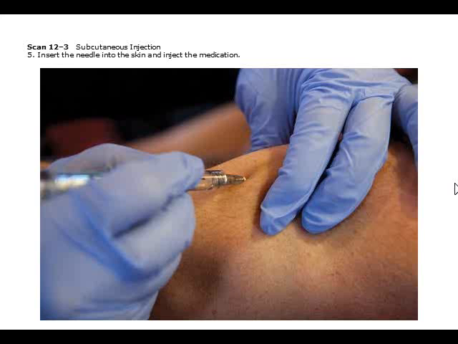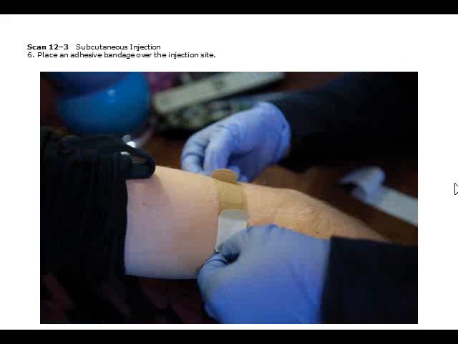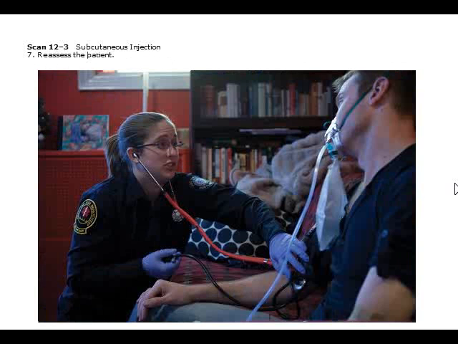Instead of making this an IM or sub-Q medication, you're fixing to make it an IV medication. If you don't get any blood to draw back when you aspirate, then you can go ahead and inject your medication into the patient, and then place an adhesive bandage over the injection site. And then finally, reassess the patient.